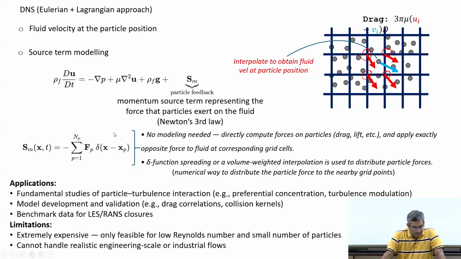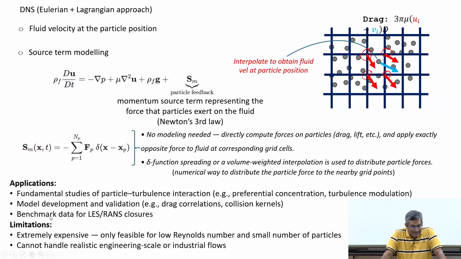Okay. So as I have already mentioned, such an approach, the fully resolved, is definitely more expensive compared to DNS with point particle. But in any case, the application of such simulations is for fundamental studies on particle turbulence interaction. For example, to understand effects like preferential concentration and turbulence modulation, we will see this at a later stage. And also for model development and validation.